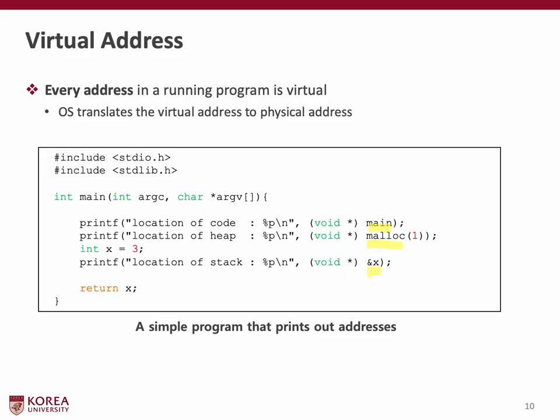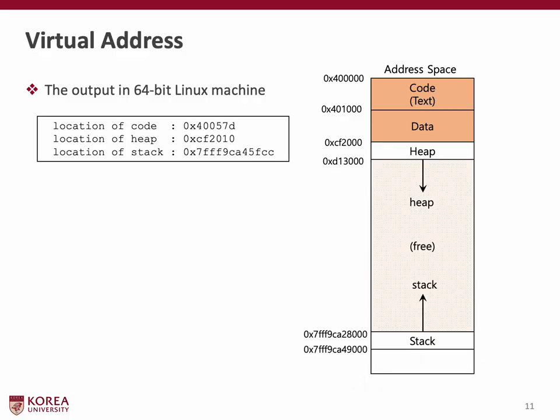So when you run this program, you will be able to see the virtual address value of each object on the screen. And here is the output of this program. As you can see, we can check the virtual addresses of the main function, the dynamically allocated memory object, and the local variable x. And each of them belongs to different regions, that is, the code, heap, and the stack, respectively.